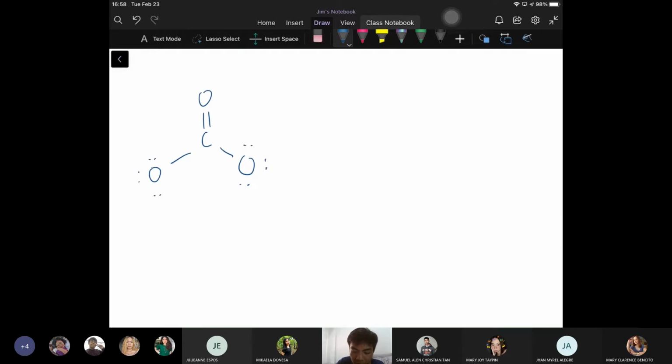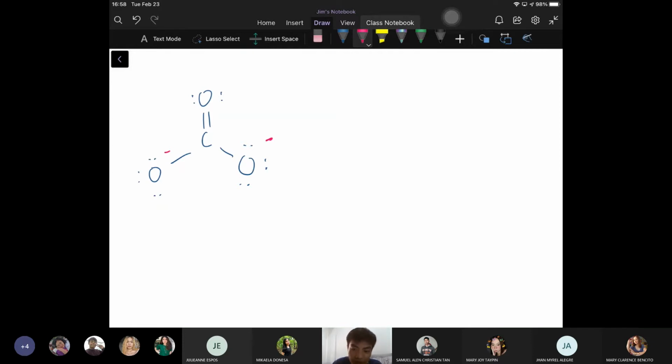So this is the structure of carbonate ion. The oxygens that are singly bonded to carbon have a -1 formal charge. Okay? So the overall charge of the ion is -2. So that is our carbonate ion. Is there another possible way to illustrate this molecule? Okay.